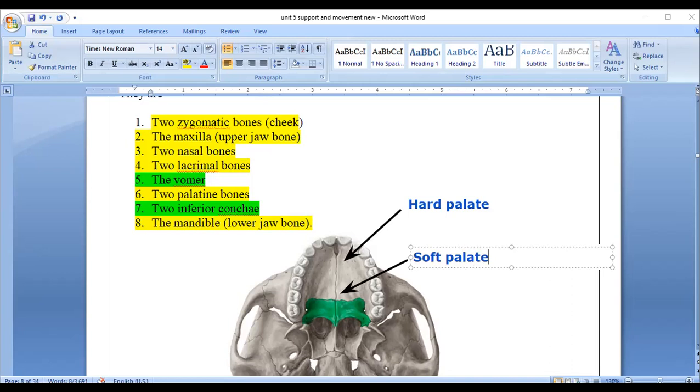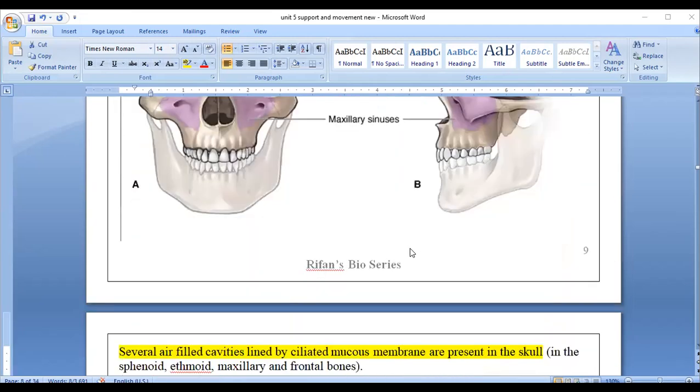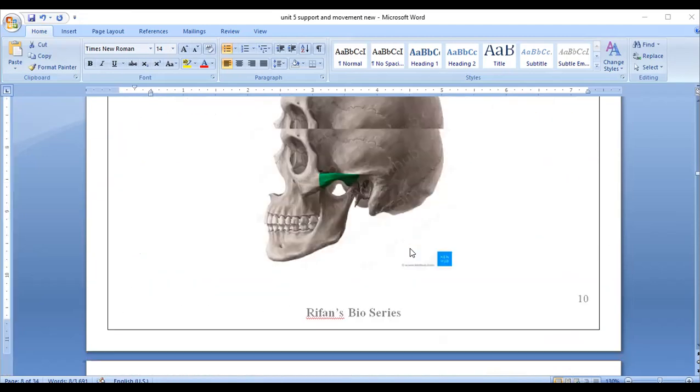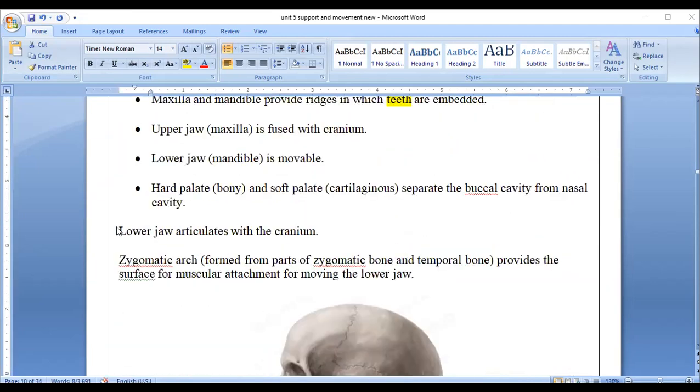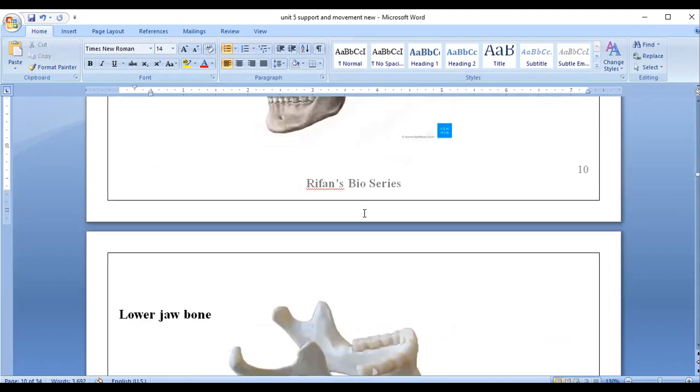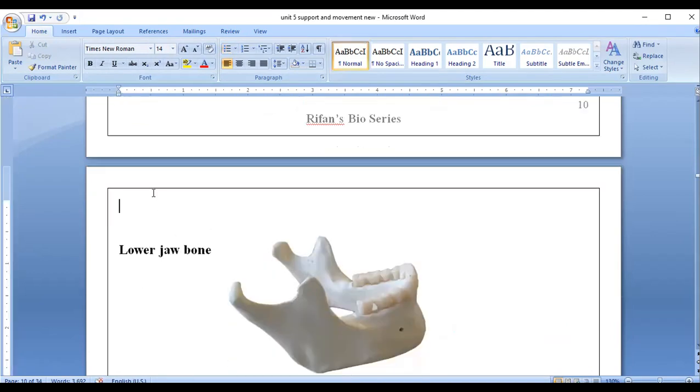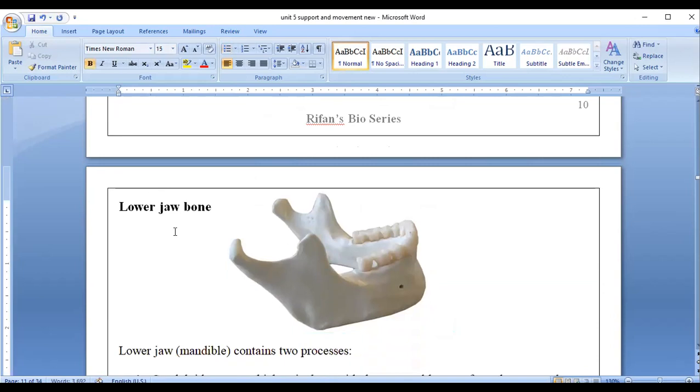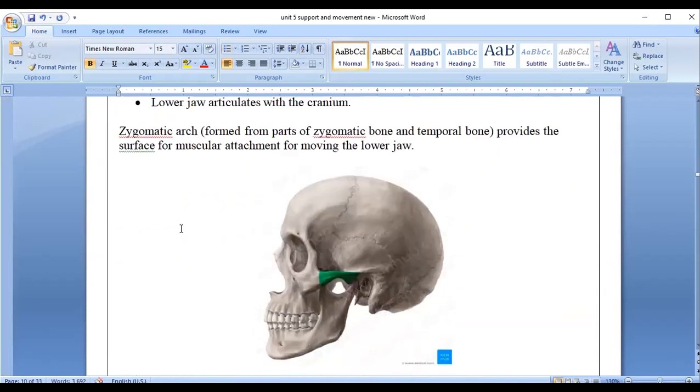So after printing out the material, label them. The lower jaw articulates with the cranium. Here I want to show you two things.